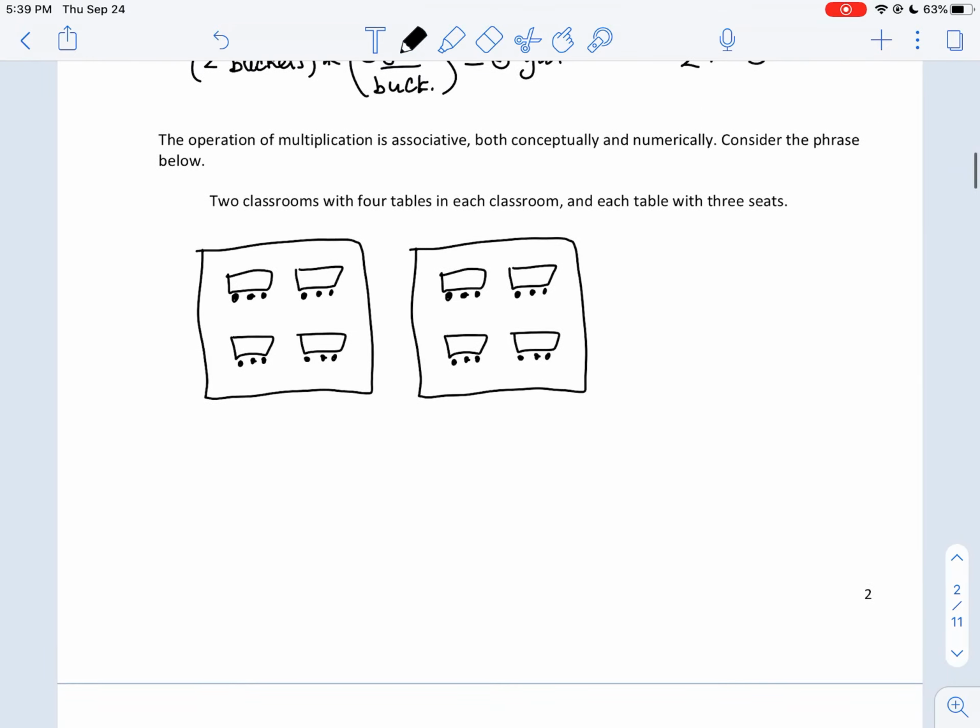There are multiple operations of multiplication happening here. For example, I'll just do CR for classrooms.